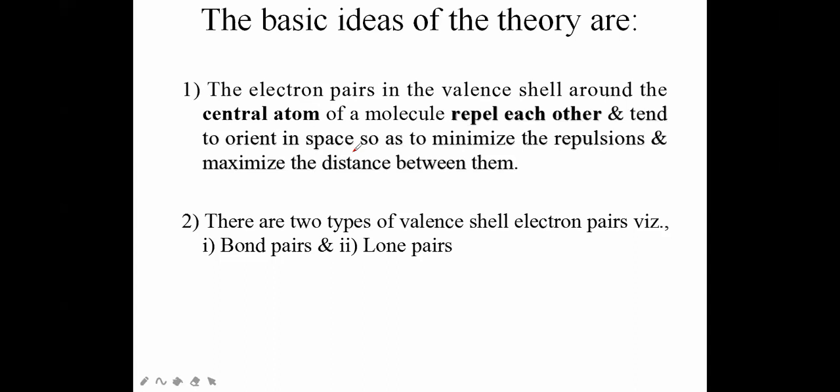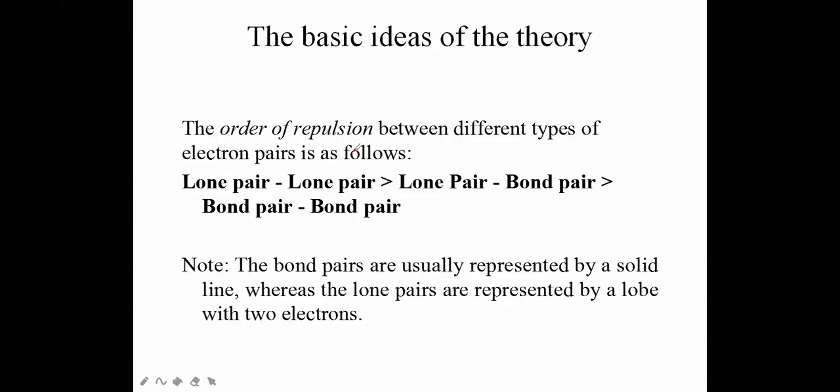So in order to minimize this repulsion, we need to make sure they are further apart from each other. But because there are two types of valence electrons, we have the bond pairs and the lone pairs. The lone pairs have got a greater repulsion than the bond pair. So a lone pair to lone pair repulsion is greater than a lone pair to a bond pair repulsion, and the least repulsion comes from a bond pair to a bond pair.